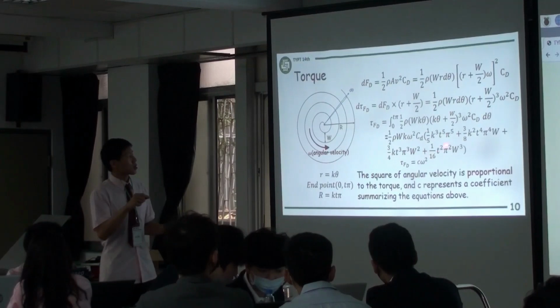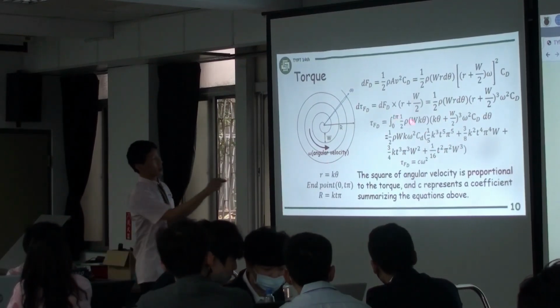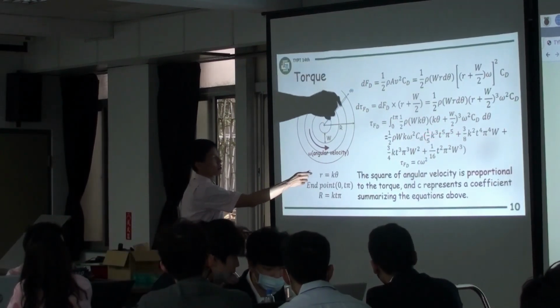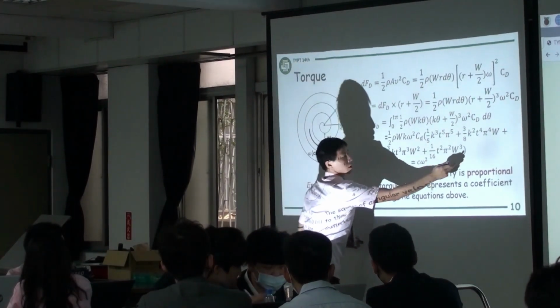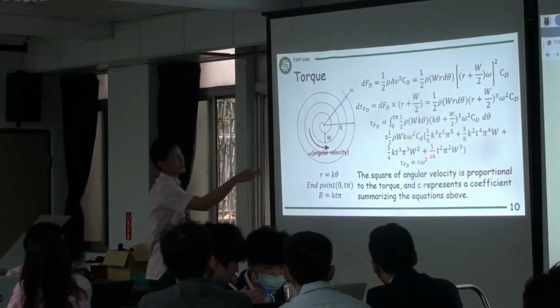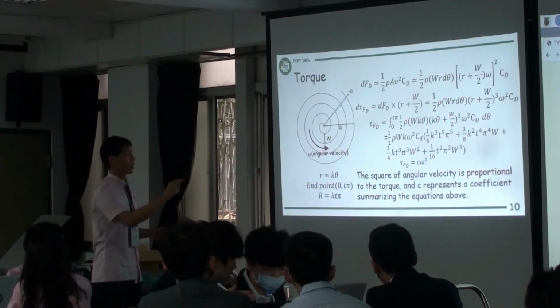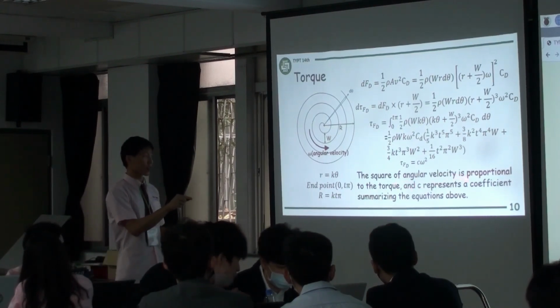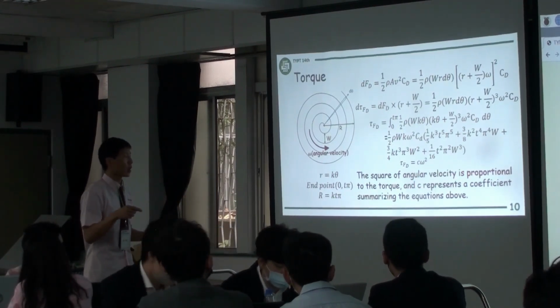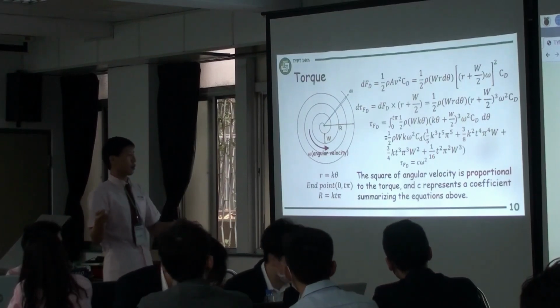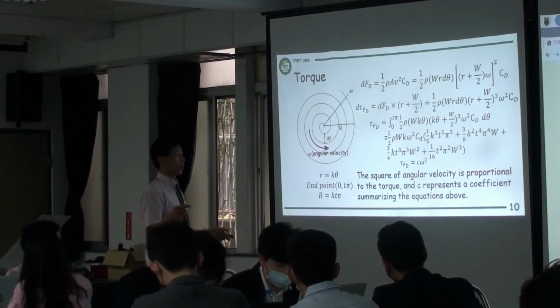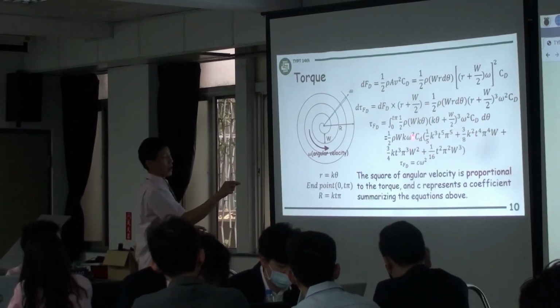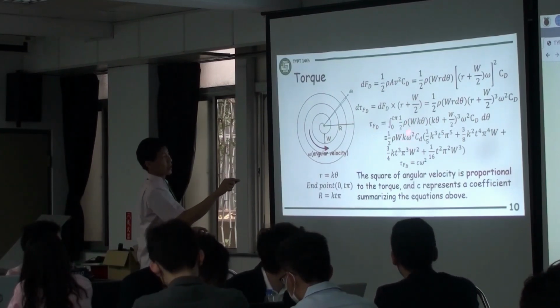As you can see, this whole part from here to here can be simplified into a constant called c. So the square of the angular velocity will be proportional to the torque, and c will represent a coefficient summarizing the equation above, because the angular velocity is here.